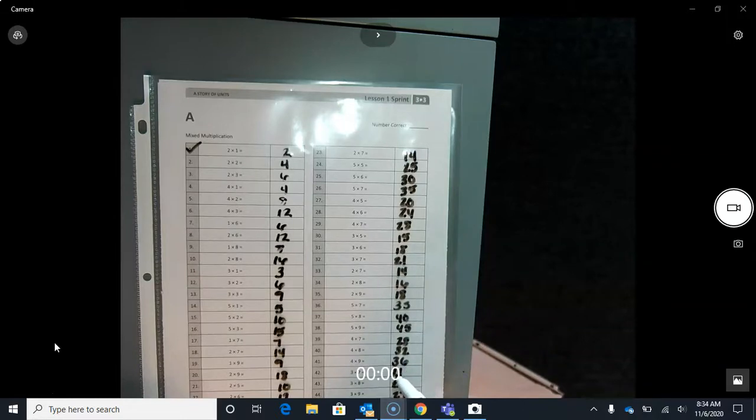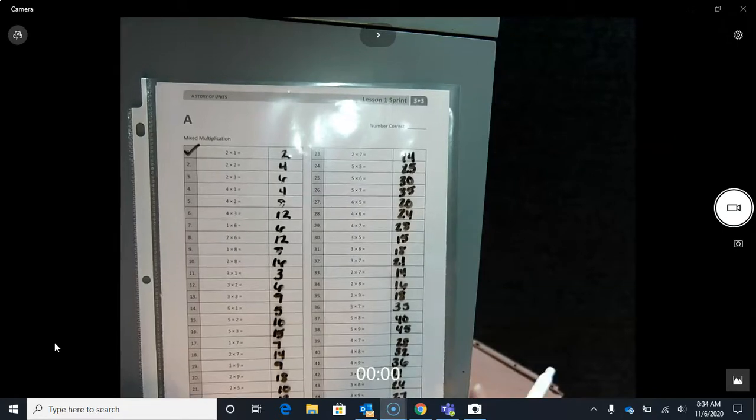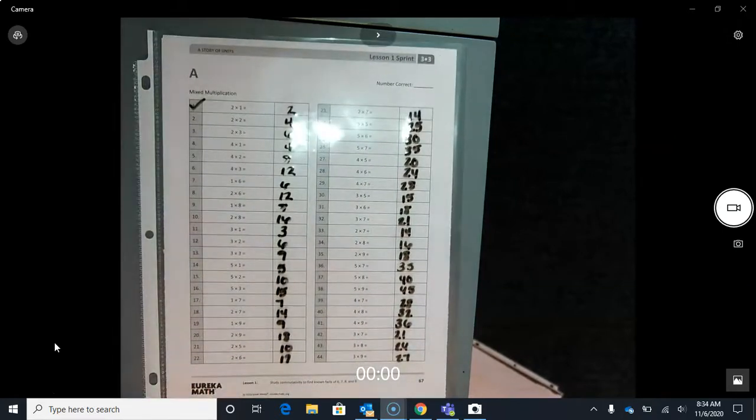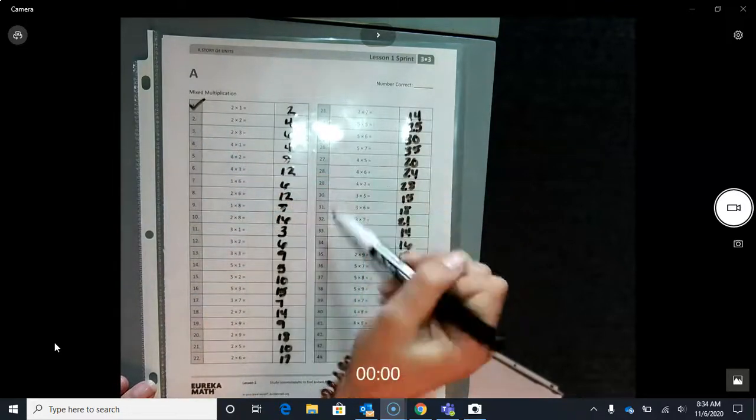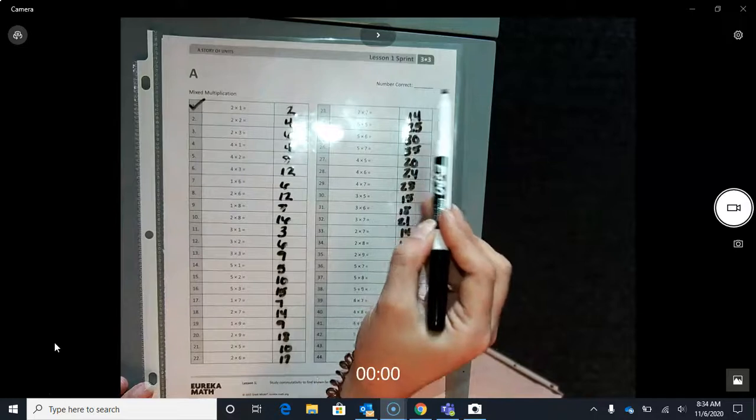Is anyone still checking? 24, 27. Excellent job. So now at the top where it says number correct, I want you to count up how many check marks you got and put your score at the top.